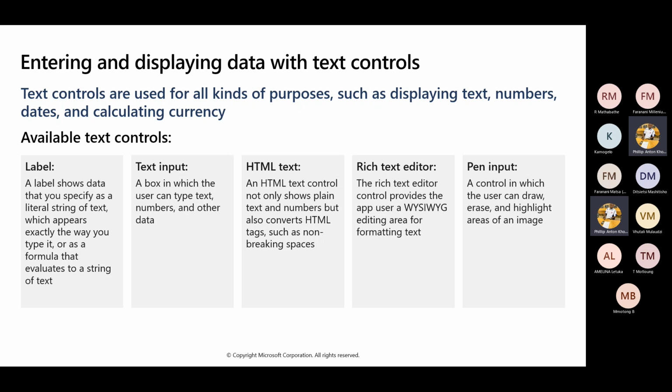This is a WYSIWYG editing area. And then we have a pen input, which is a control where a user can draw, erase, and highlight areas of an image, right? You can also use pen input for signatures if you require the application to have some sort of signing ability. You can use the pen input control to sign.